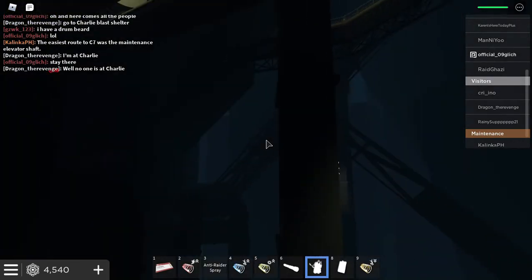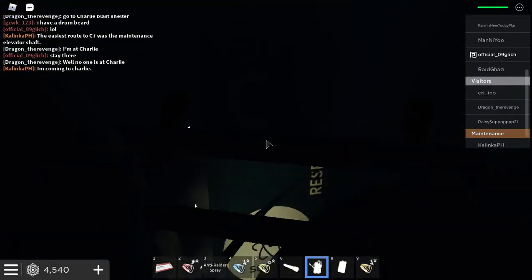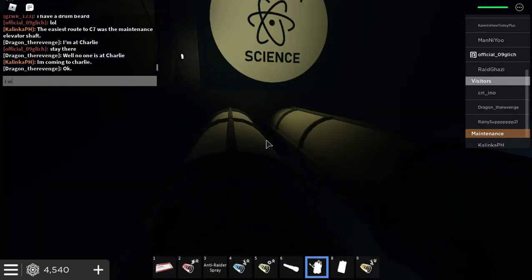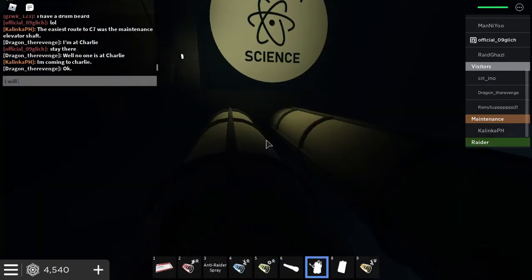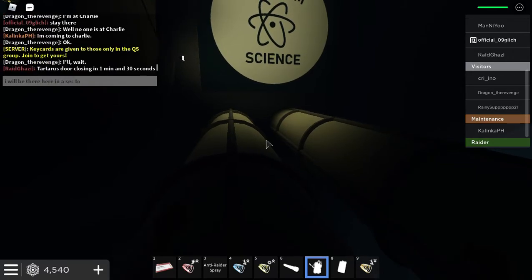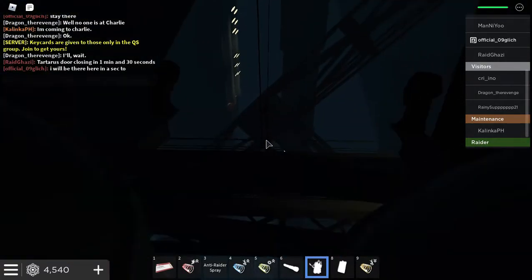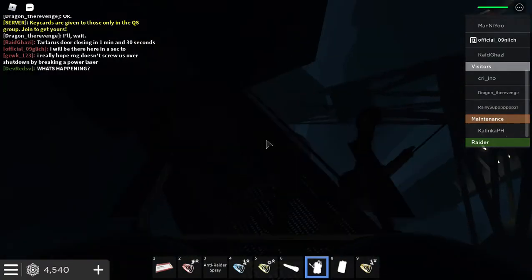Dark matter reactor pressures monitoring system failure. Pressure status unknown. Warning. All facility scientific personnel, please evacuate immediately. You have 11 minutes to reach minimum safe distance.